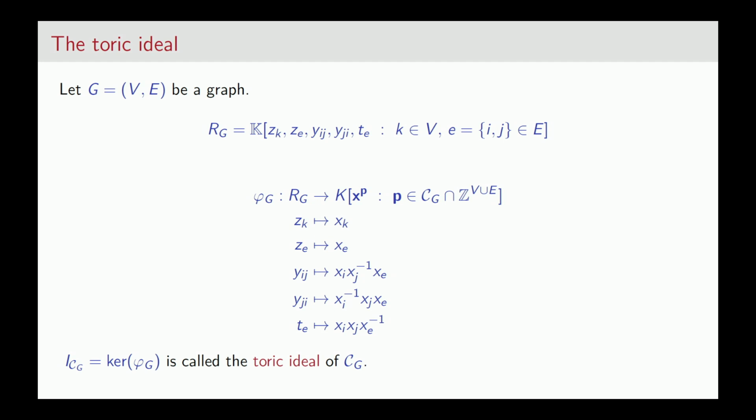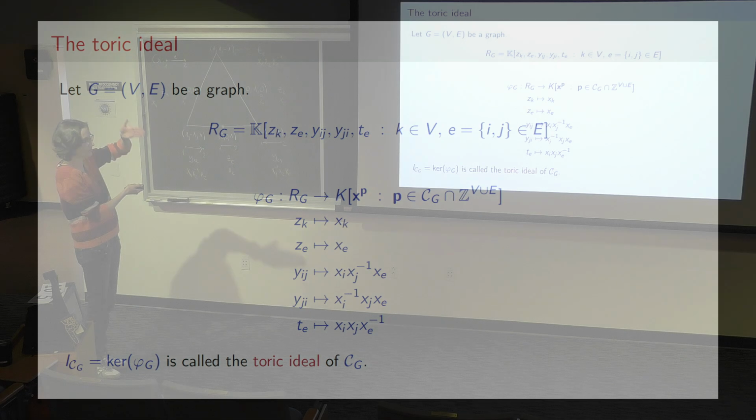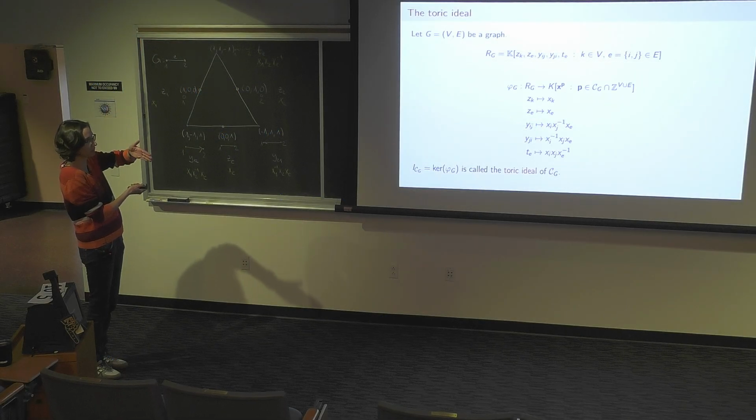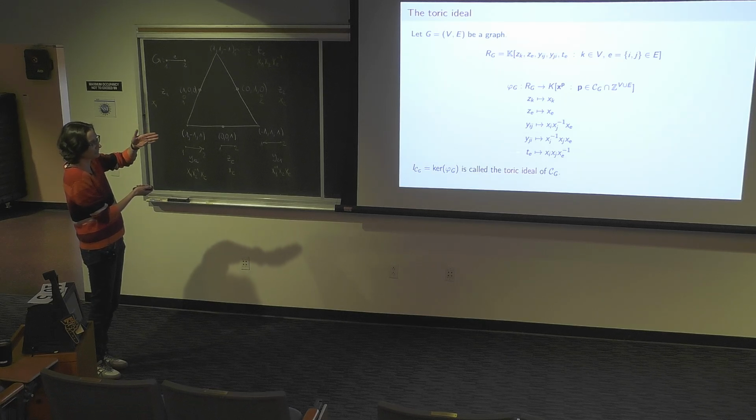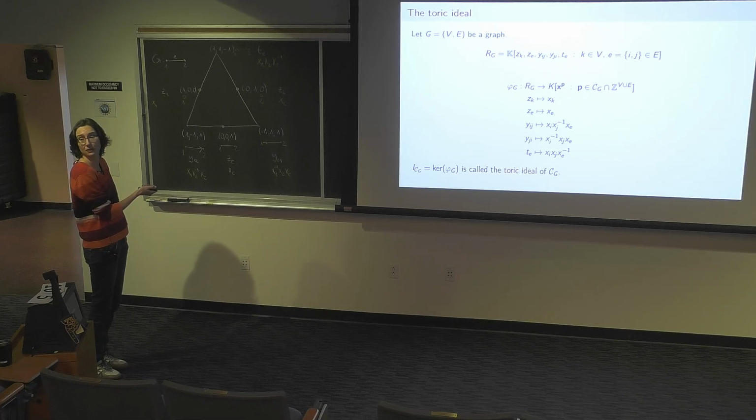So I take x to the corresponding exponent, which just gives me the variable x_k, similar for x_e. c_e maps to x_e, and y_ij is saying, I have this vector where I have a 1 for i, a -1 for j, and a 1 for e, which gives me x_i x_j^-1 x_e. Same thing here, and finally for this t_e, this is a vertex where I have 1 for i, 1 for j, -1 for e, so I map it to x_i x_j x_e^-1.